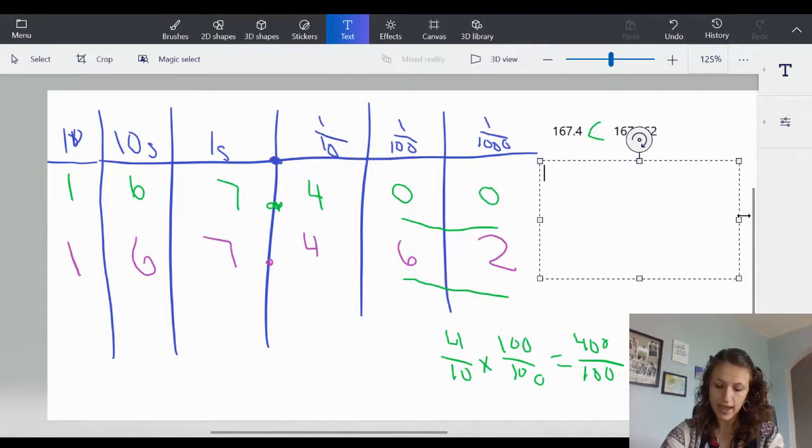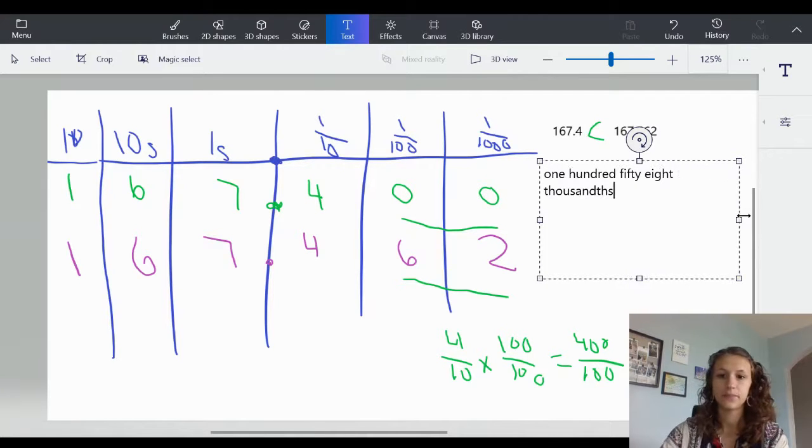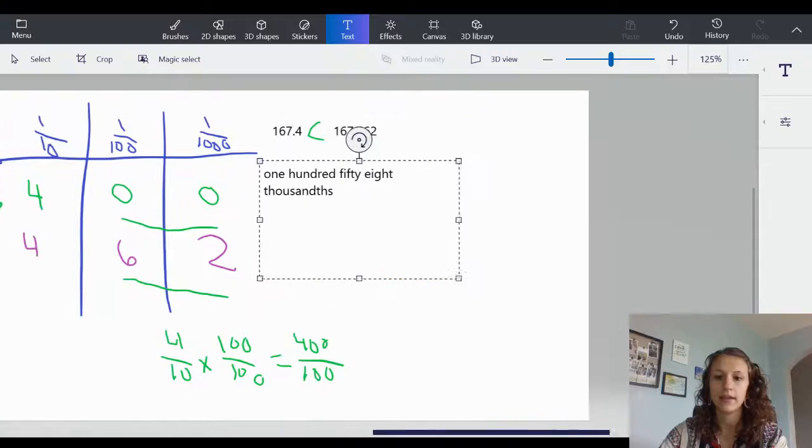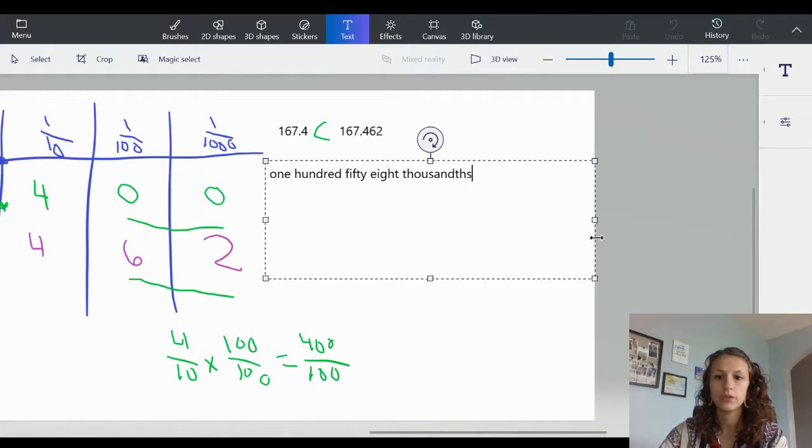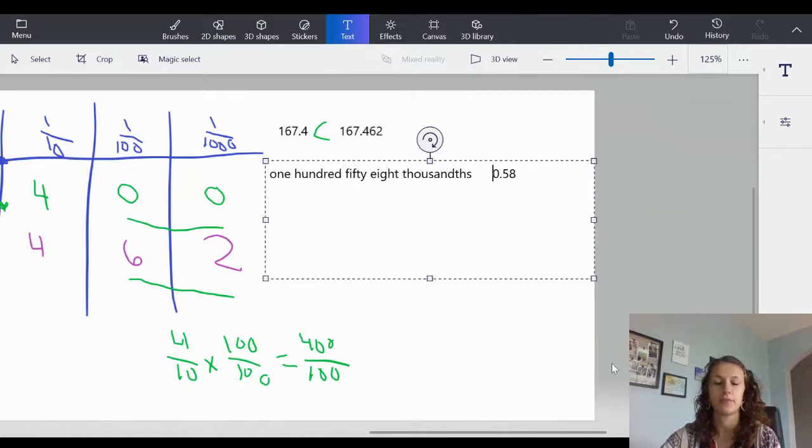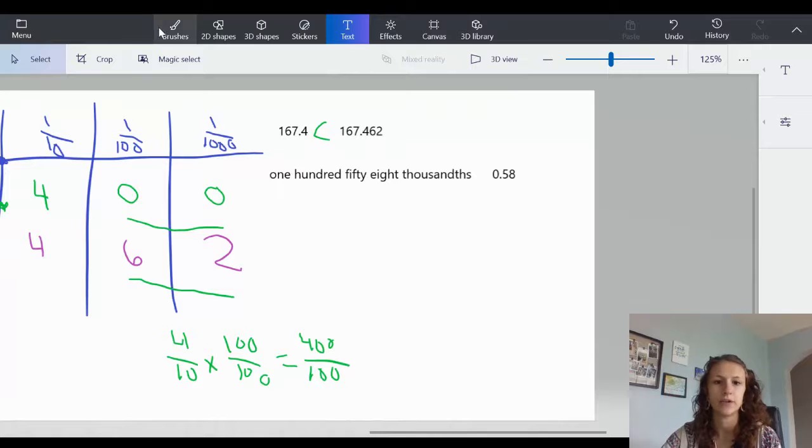Okay, if we have 158 thousandths and we are comparing this to 58 hundredths, I'm going to write these in standard form to help me.